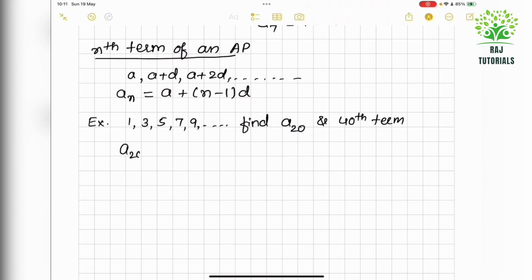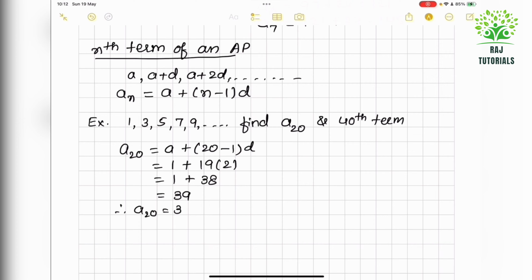So A20 will be A plus (20 minus 1) into D. A is 1, D is 3 minus 1, that is 2. So 1 plus 19 into 2, 1 plus 38, so 39. Therefore A20 is 39.